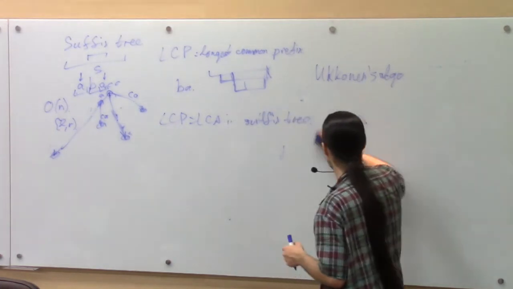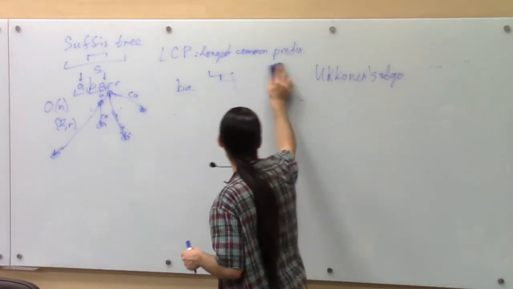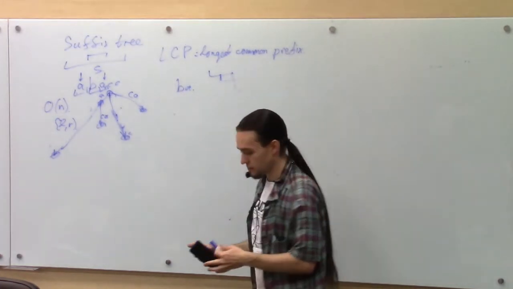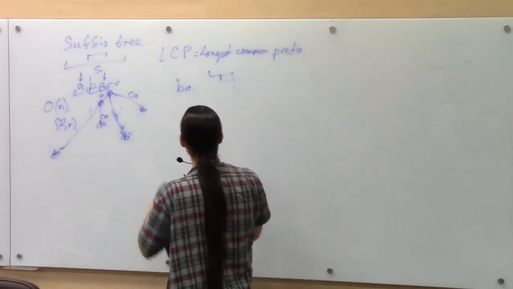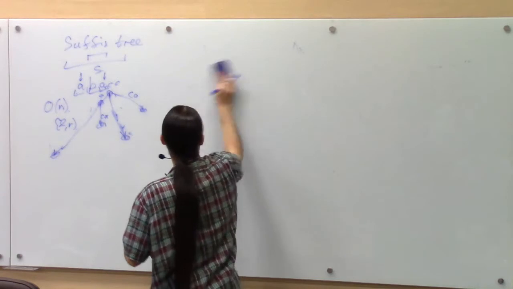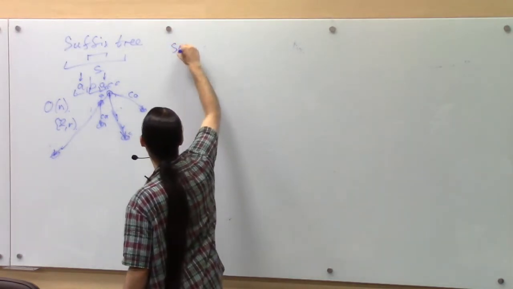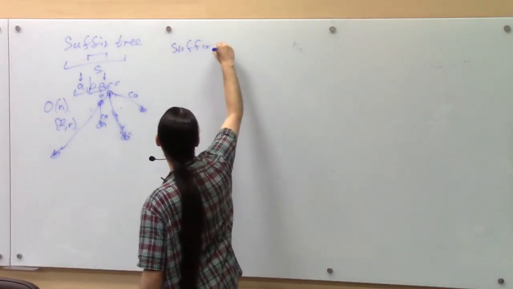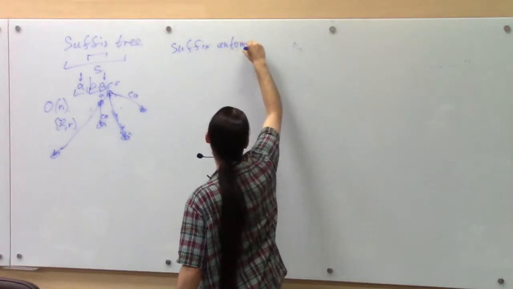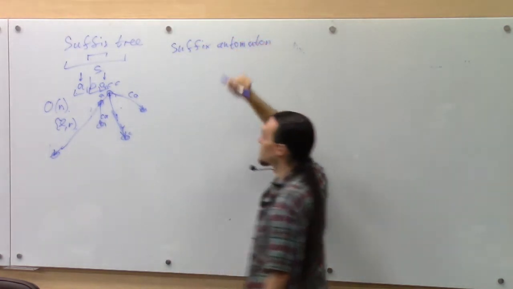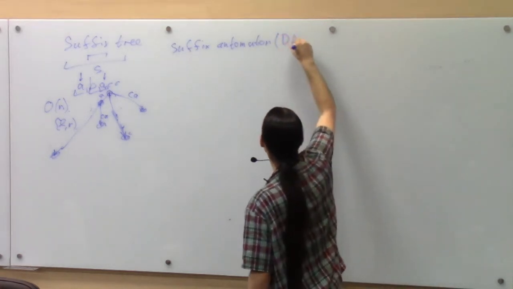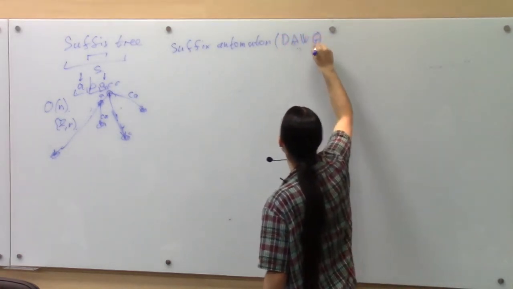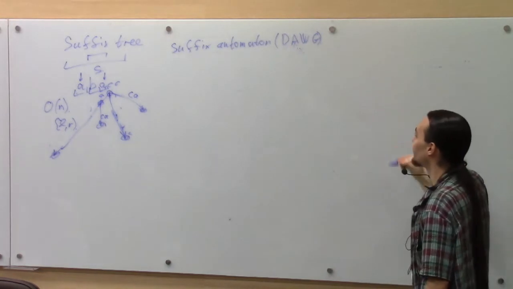So the other structure that we are going to talk about is called, well, there are a few names for that. It's called suffix automaton. And also, it has a cool abbreviation like this: DAWG.